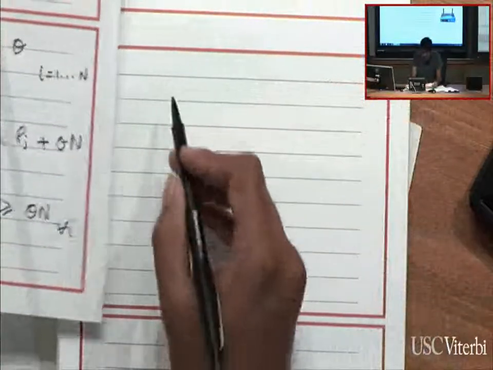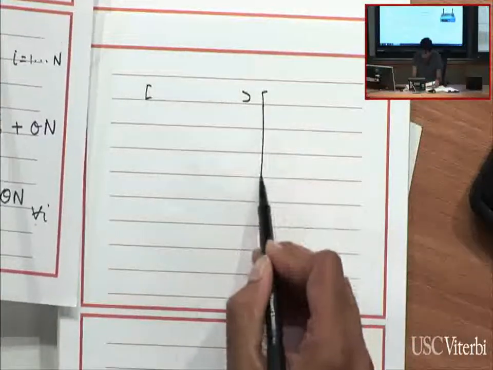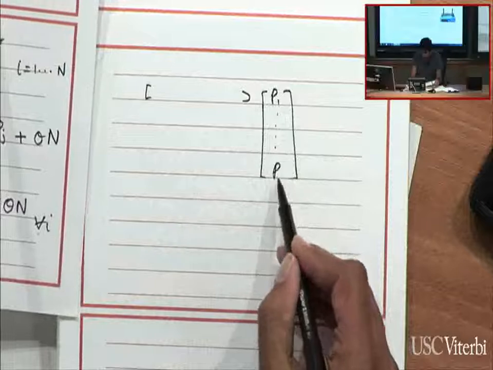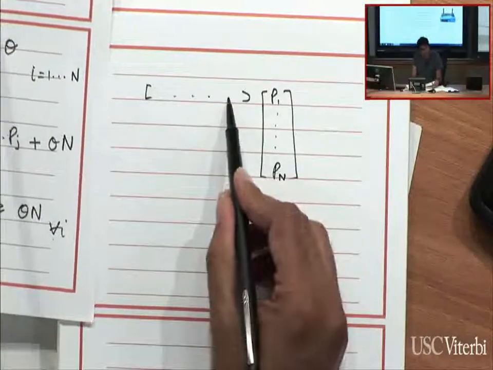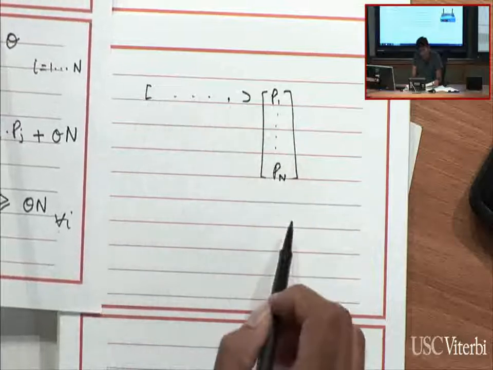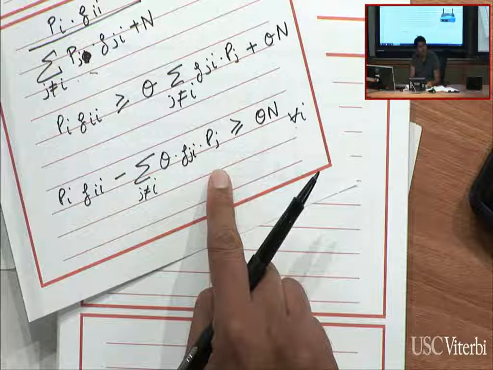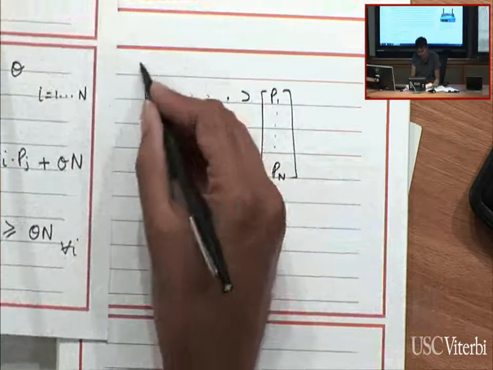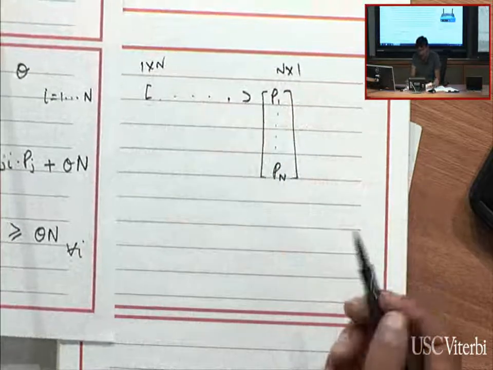So what you can imagine you're doing is multiplying two vectors. There's this vector P1 through Pn, and there's a set of coefficients: this row vector times this column vector is everything here on the left-hand side. Why is that? Because if I have a vector of size 1 by n and a vector of size n by 1, I'll get one number.